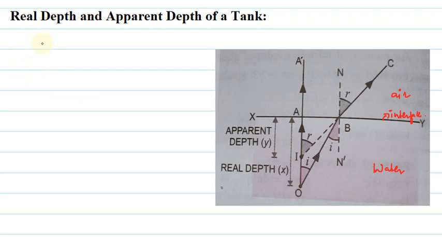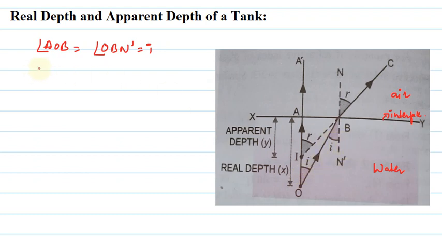Okay, so now let us consider angles. Angle AOB is equal to angle OBN prime, which is equal to i. So these are alternate angles, i and i.